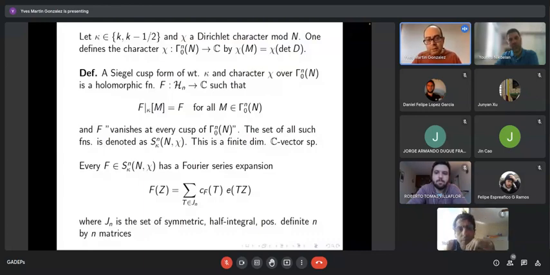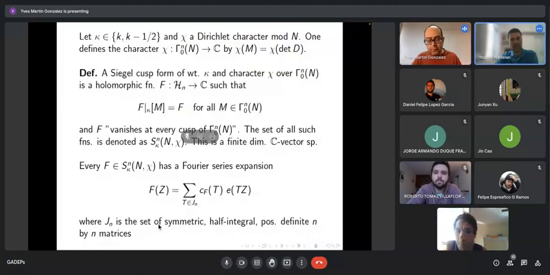But the formulas are less explicit. So that's why you restrict to a subgroup of gamma n, namely gamma 0, 4, and then the multiplier becomes very explicit, this quotient of theta functions. Okay, is that clear? Okay, thank you.